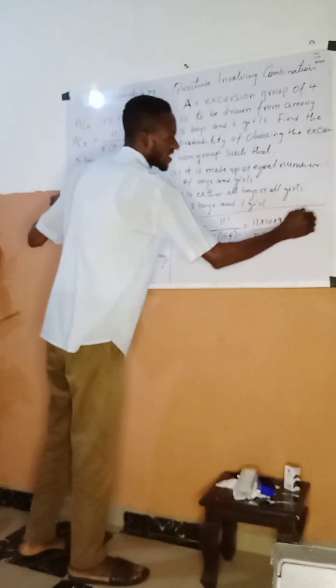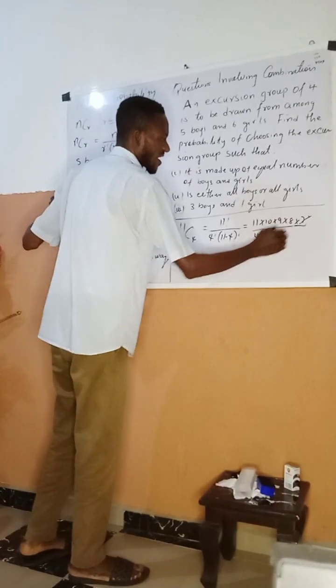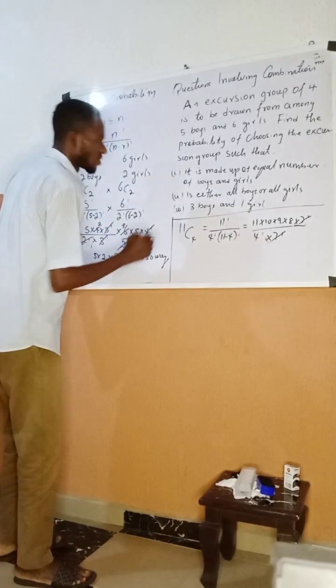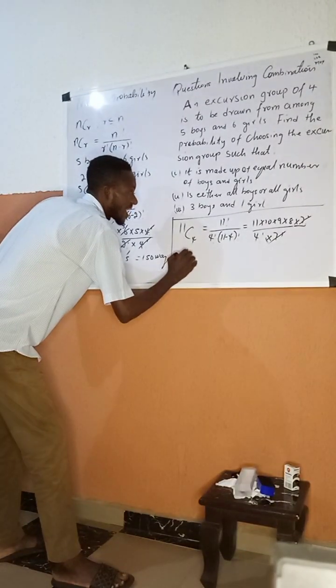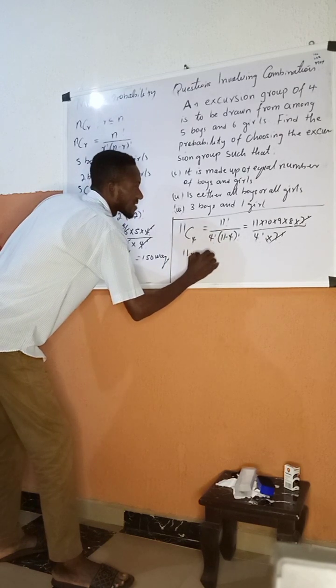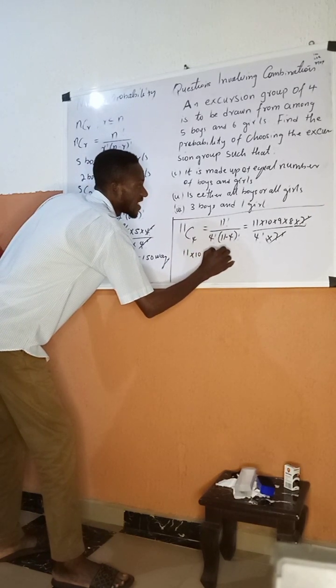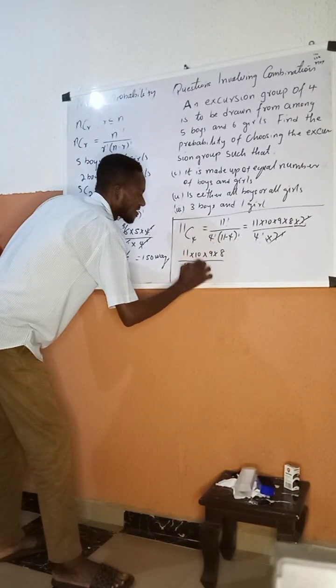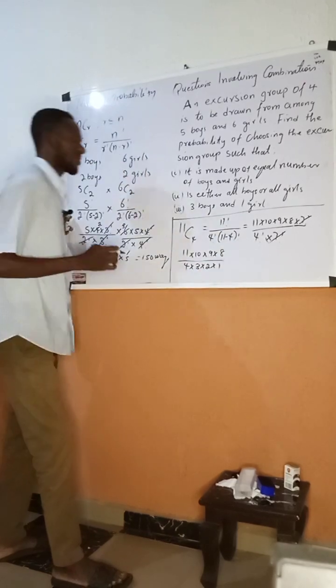Of course, this 7 factorial can cancel this 7 factorial. And then what I'm going to have here now is 11 times 10 times 9 times 8, all over 4 factorial, which is expressed as 4 times 3 times 2 times 1.